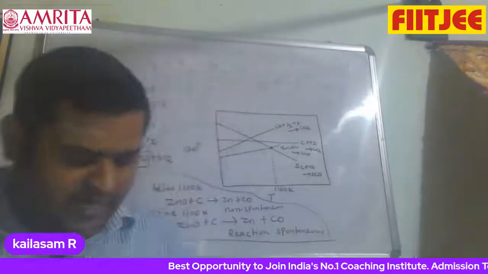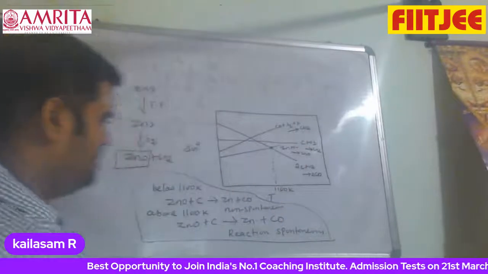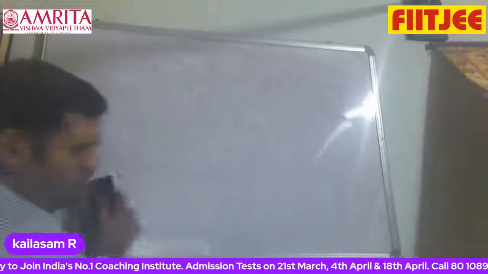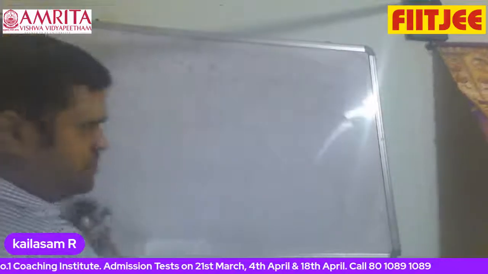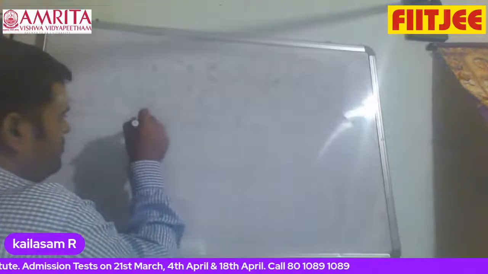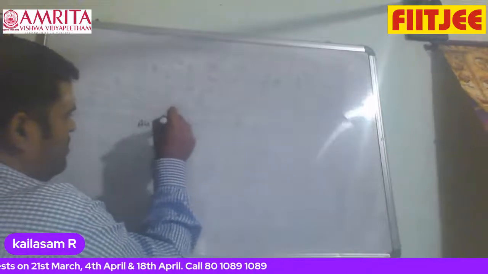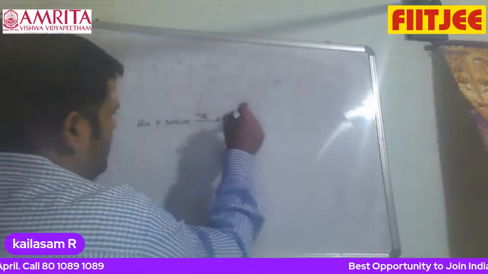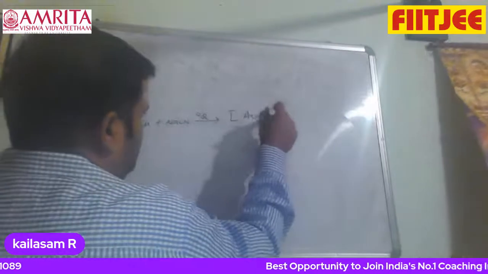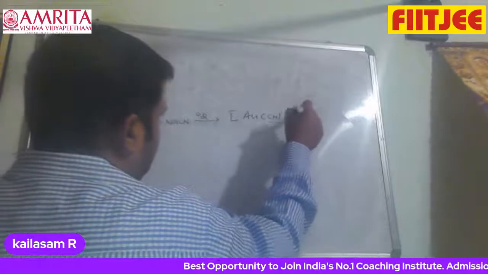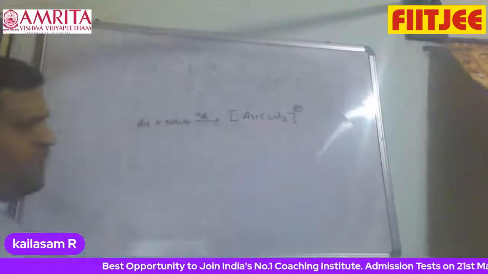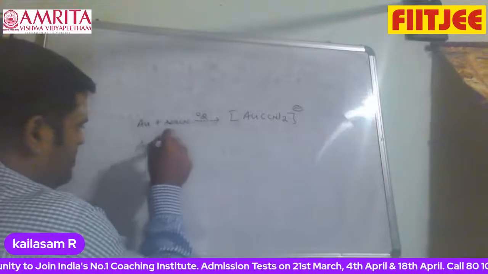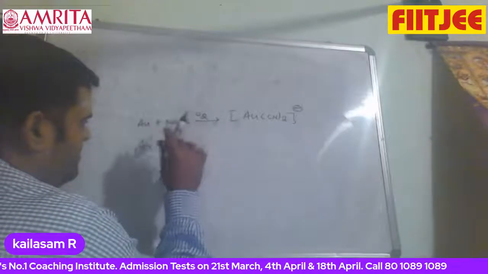Even look at this, observe that. In the case of gold, we go with the cyanide process. Au, with the formation of a soluble complex.